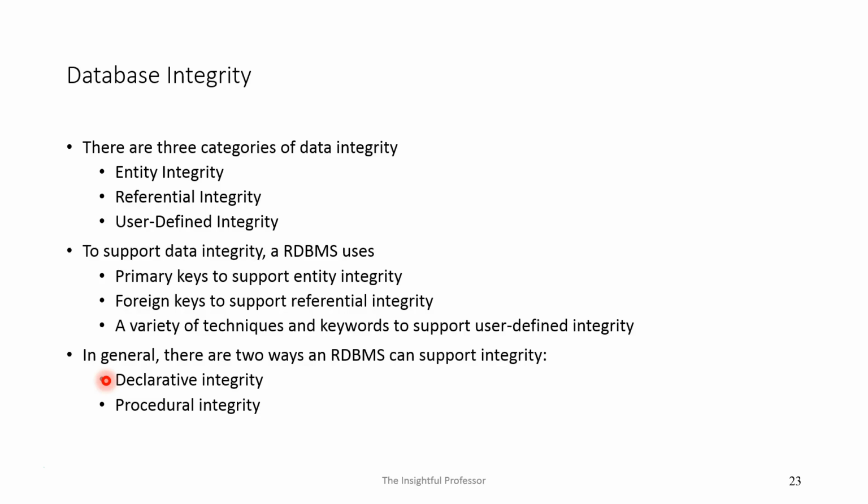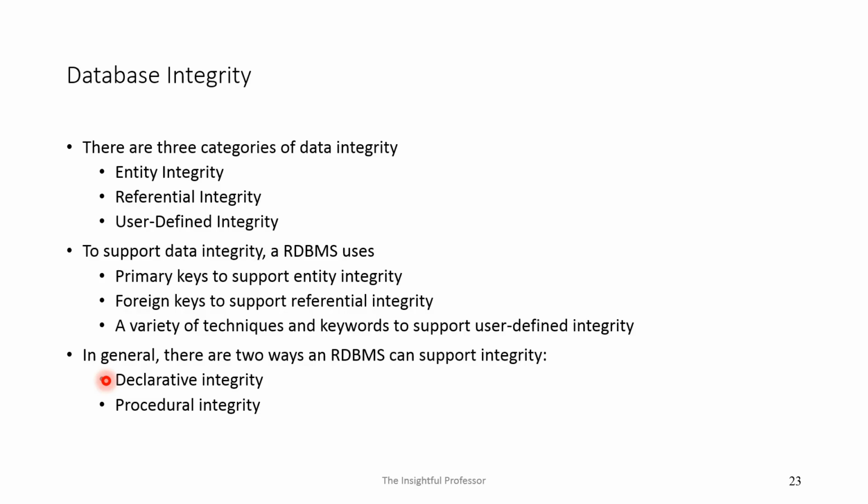Procedural integrity, on the other hand, is a set of business rules that are enforced programmatically through typically a database trigger. So a trigger is a special kind of program object that lives in the database and executes in the database, called a stored procedure. This will reside on the server and it will execute automatically when something called a triggering event occurs.